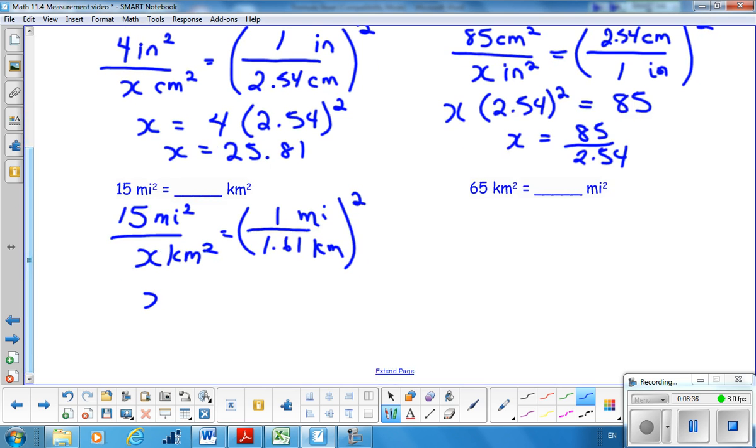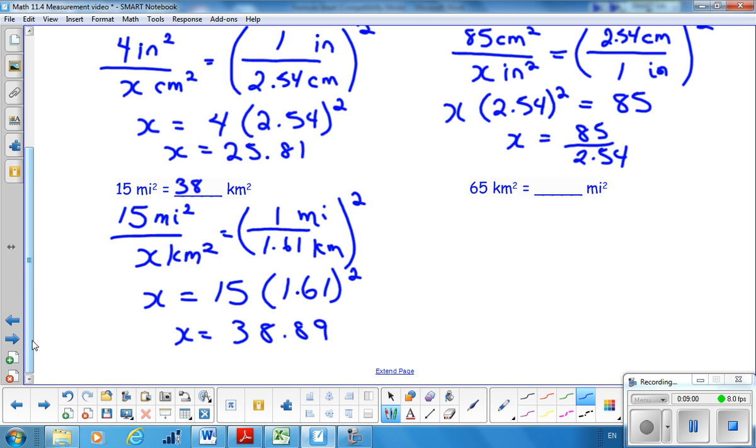So we end up with x being equal to 15 times 1.61 squared. 15 times 1.61 squared gives me 38.89. So 15 square miles is equivalent to 38.89 square kilometers.